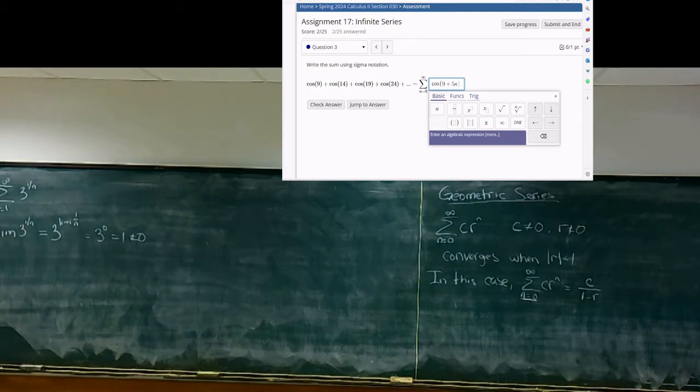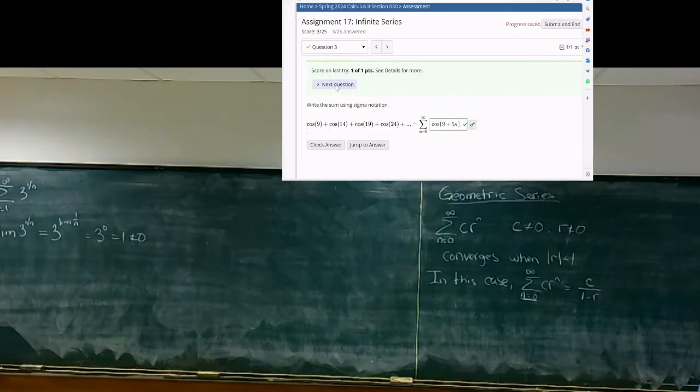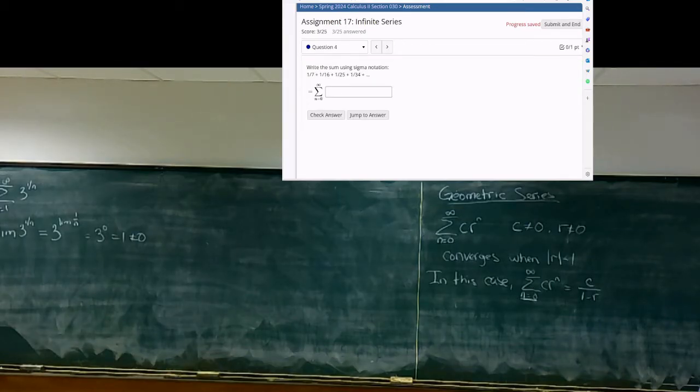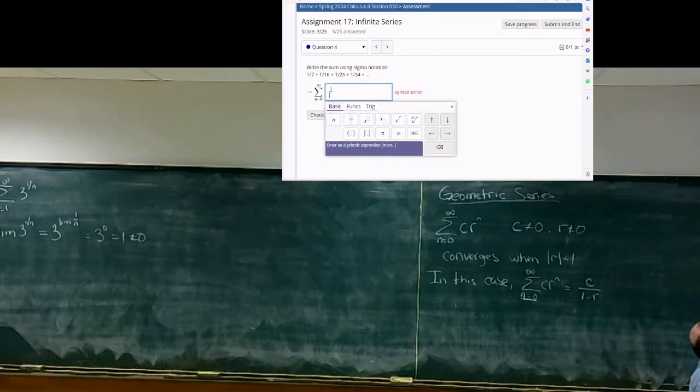They're not making these very challenging. So what is it? 7 plus 9.